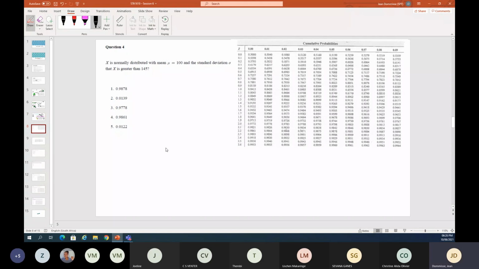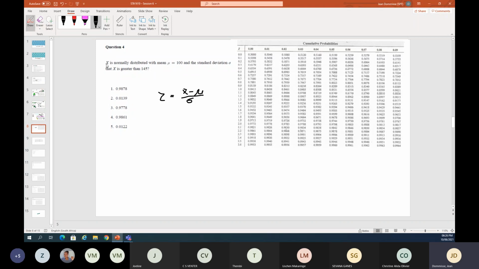So let's look at this one. With the other ones they gave us the Z, here we need to calculate the Z. Let's just write it. I nearly forgot how to.